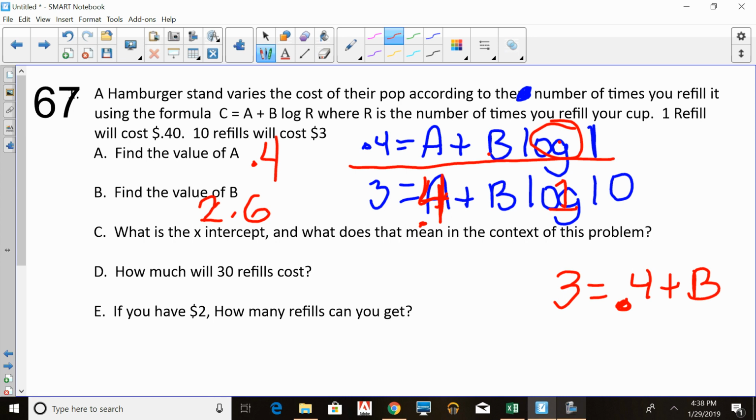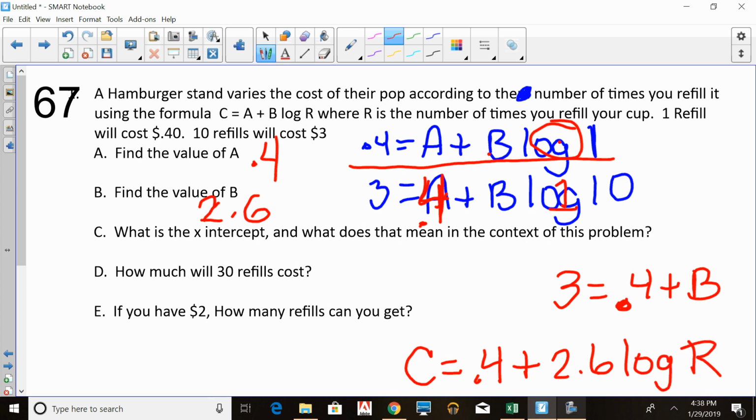So now your final equation then would become C equals 0.4 plus 2.6 log R. It asks what is the x-intercept and what does that mean in the context of this problem?